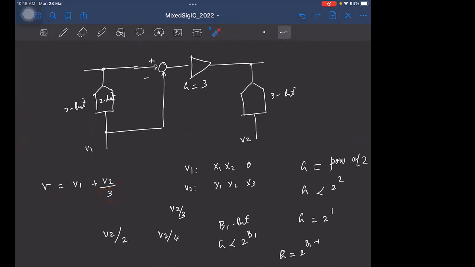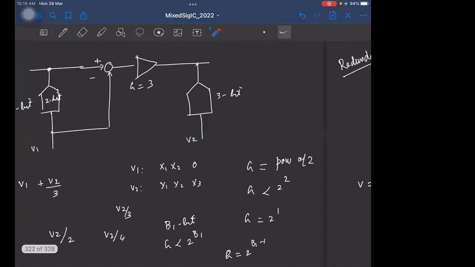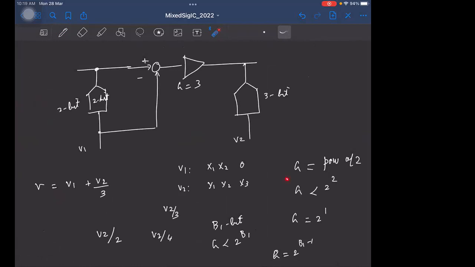And we saw that if you use a gain of 3, this digital operation becomes slightly tricky, right? So the usual choice is to have a gain which is a power of 2. That's because the digital operation is simplified, as division and multiplication by powers of 2 is straightforward. So we choose a gain that is a power of 2.